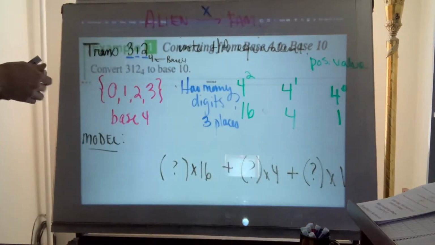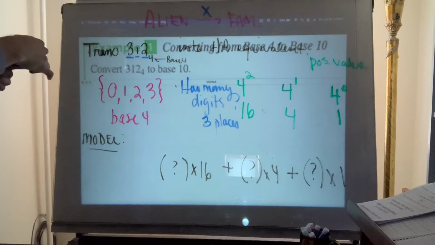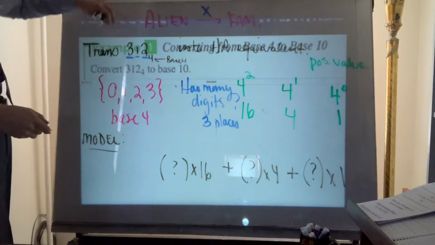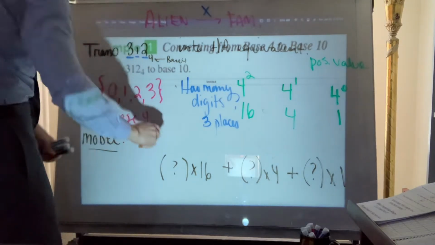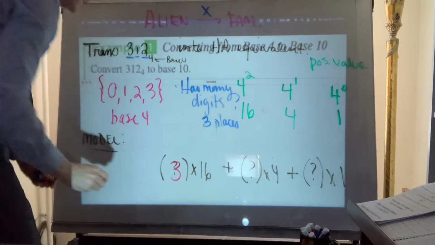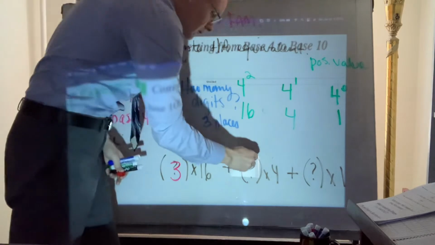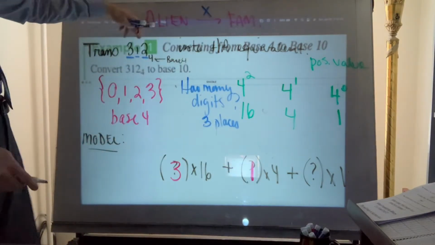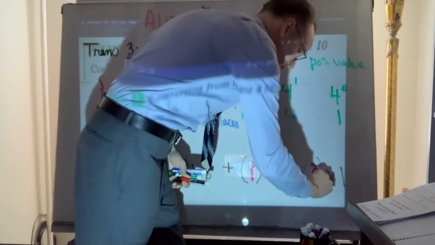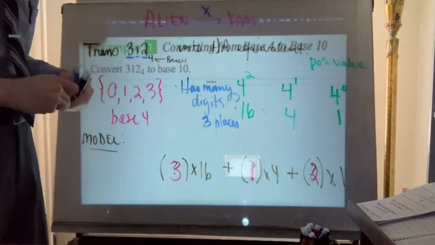What is that something? The something is going to be 3 for this particular one, 1 for this particular group, right? And 2 for the first one, really. Now we'll do the arithmetic.